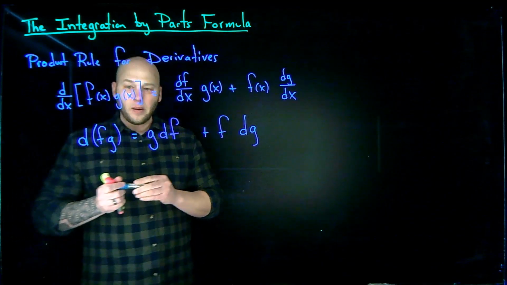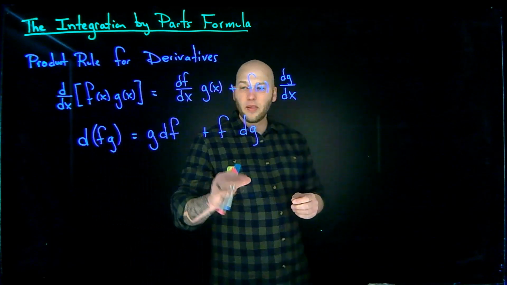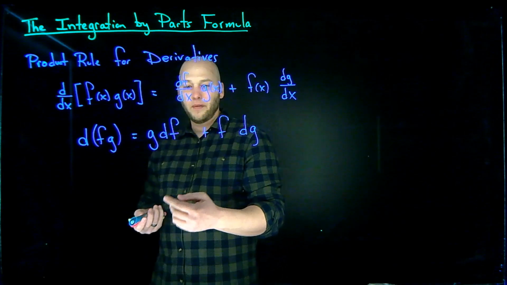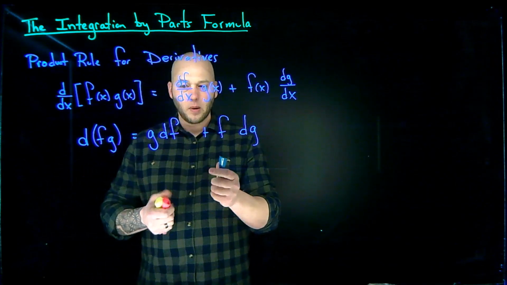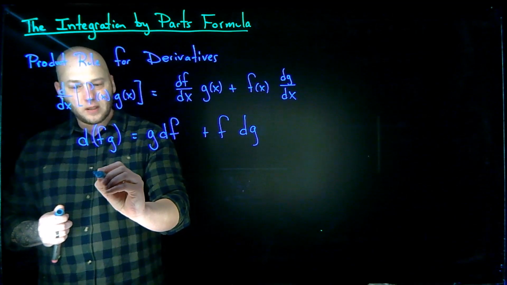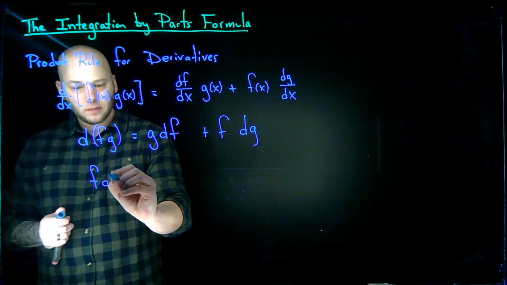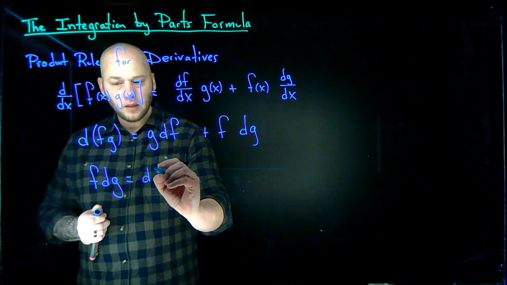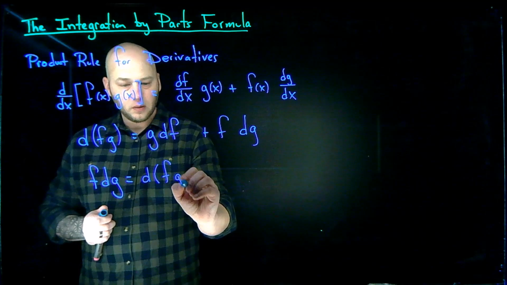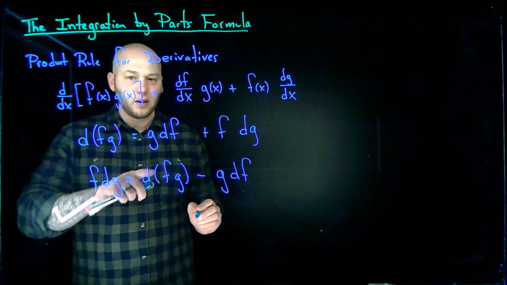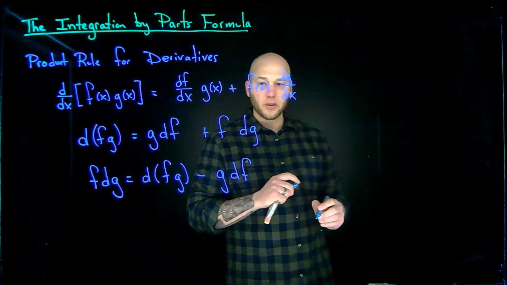Now I'm going to take this equation and solve it for, it doesn't really matter which one I pick, let's say f dg. So f dg would be equal to d(fg) minus g df. All I did is subtract this term to the other side.